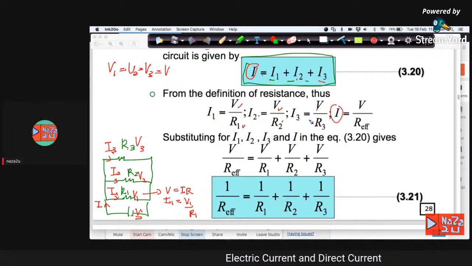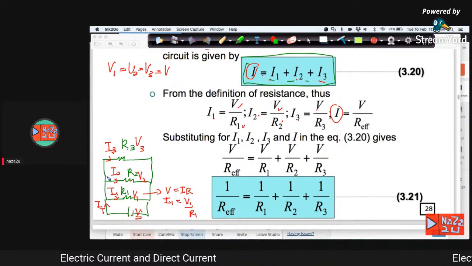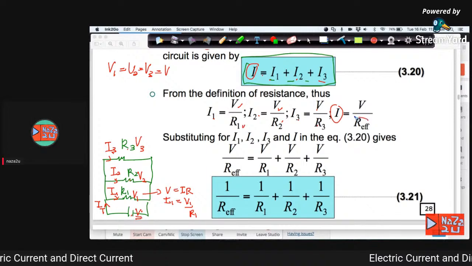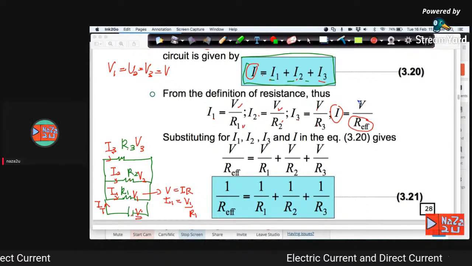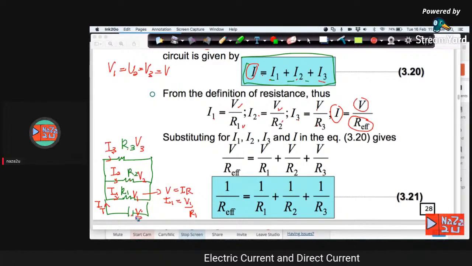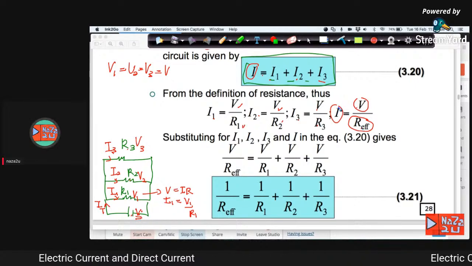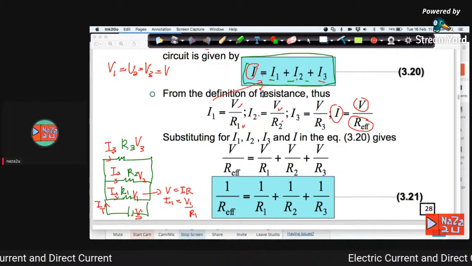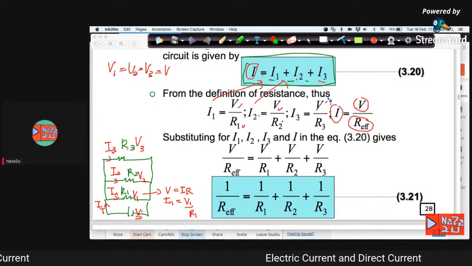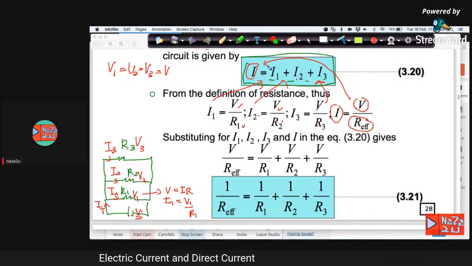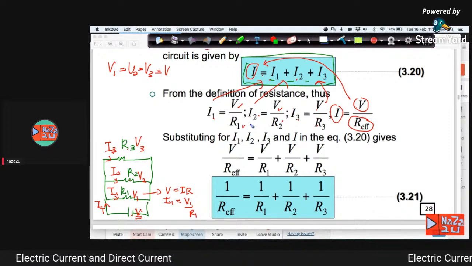Current total kat sini, this is total adalah jumlah resistor or effective resistor or voltage yang dibekalkan divided by, okay, masukkan I1 ke sini, I2 di sini, I3 di sini, dan I total ni di sini. Jadi kamu dapat apa?